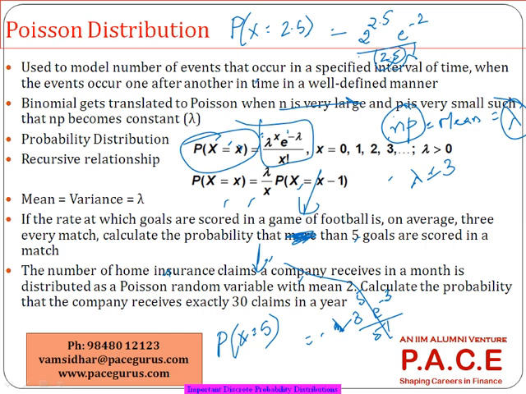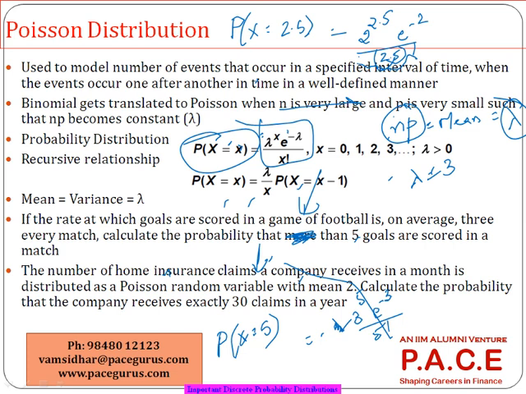If you look at the commonality in all these distributions: number of successes in n attempts, binomial. Number of attempts for the first success, geometric. Number of failures before the first success, another geometric. Number of attempts for the kth success, negative binomial. Number of failures before the kth success, again type 2 negative binomial.